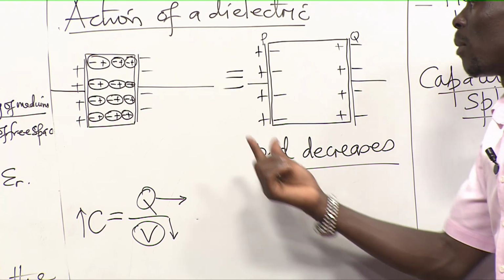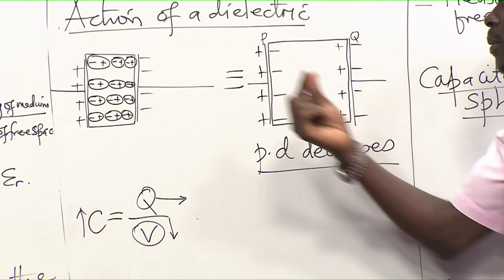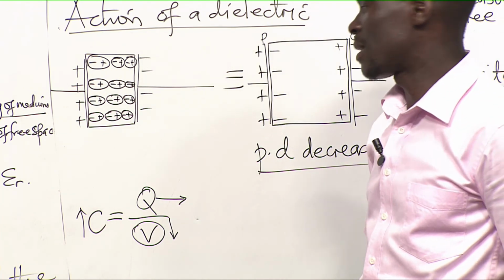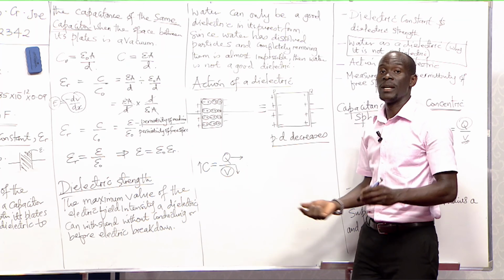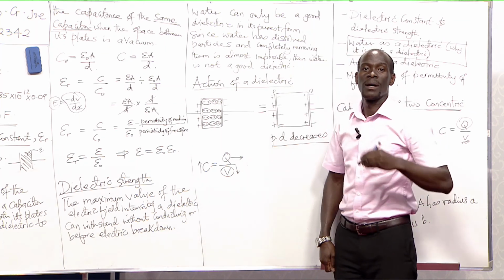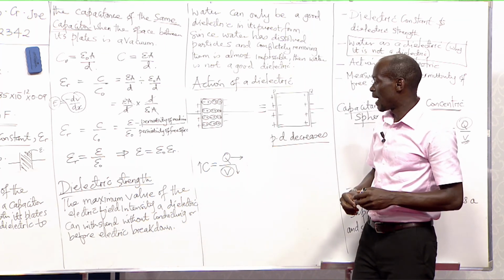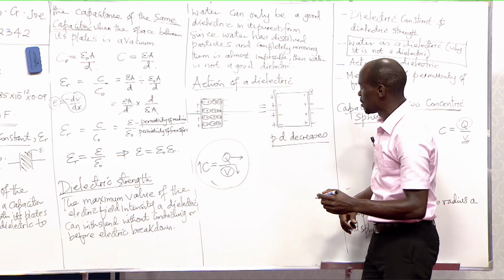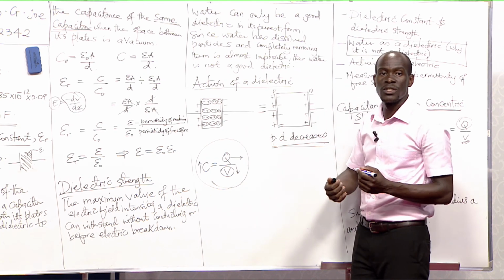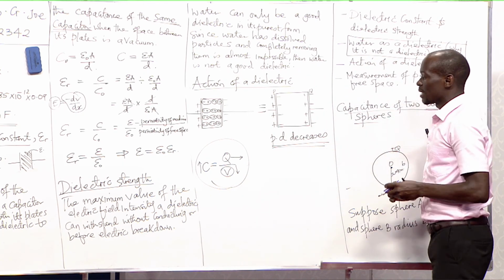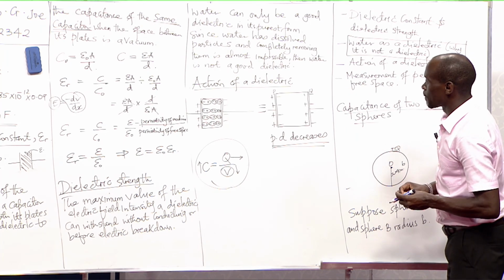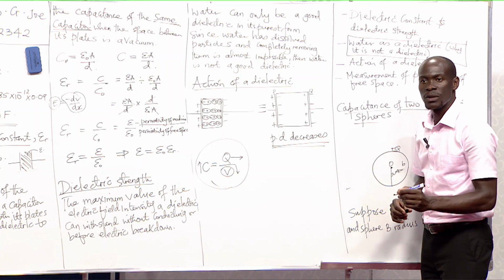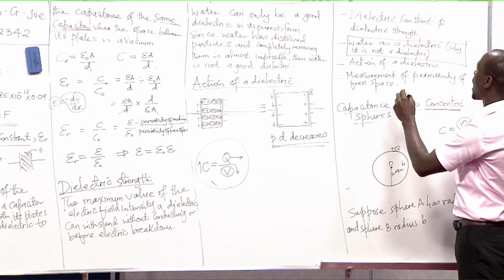And in effect, more charge will have to flow from the positive plate of the capacitor to the negative plate of the capacitor to ensure that the PD is restored back to the PD of the supply. And in so doing, capacitance will have increased since the PD initially does what? Decreases. So that is basically the action of our dielectric. I have not written it down, but I believe as we were explaining, people were able to write something down. So that is also our other objective.